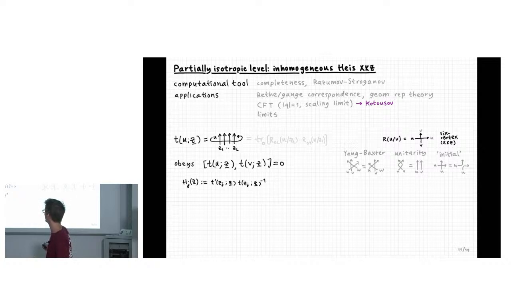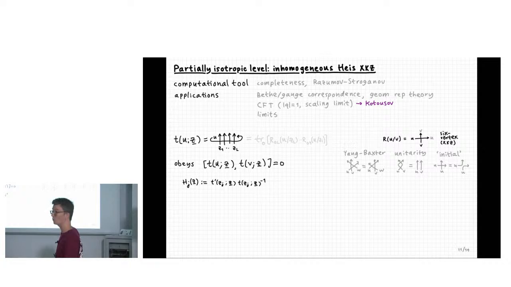So graphically, this is the transfer matrix, a trace over the auxiliary space of R matrices. Now, of course, because of the Yang-Baxter equation and generic invertibility, this forms a commutative family of operators, so it's a good generating function for Hamiltonians, and that's what we do to get the inhomogeneous Heisenberg spin chain.